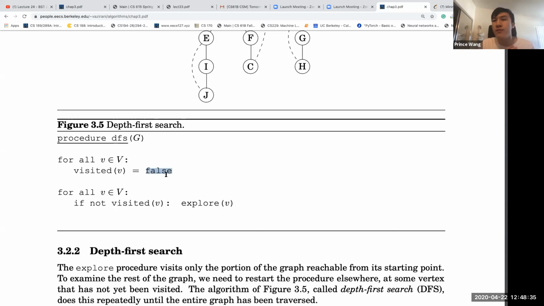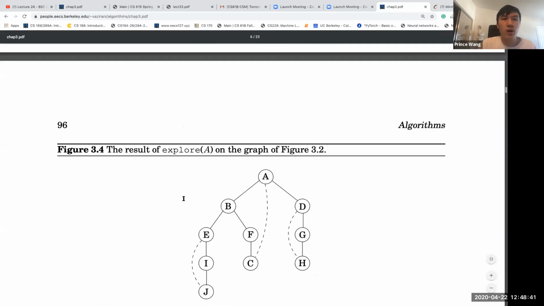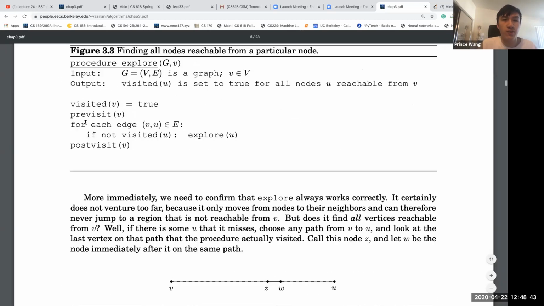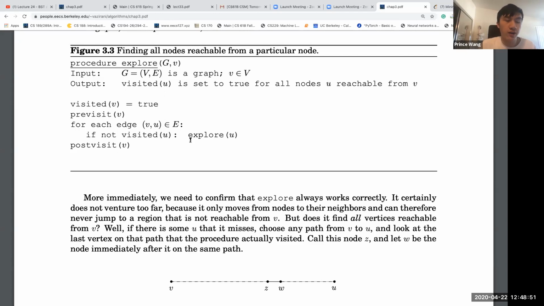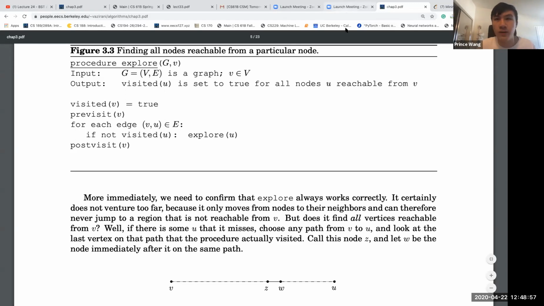That means you haven't visited any of the nodes in the graph. And then for each unvisited node, you explore it. The explore operation is what Professor Hilfinger wrote, so this is essentially the same. But there's one very important key point about this algorithm that I want to talk about later. But let's walk through a problem now.